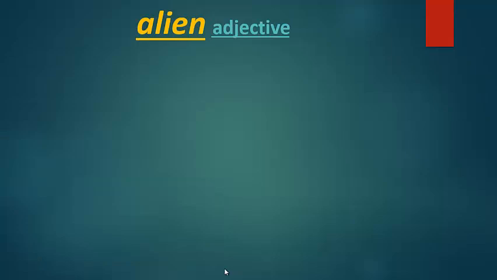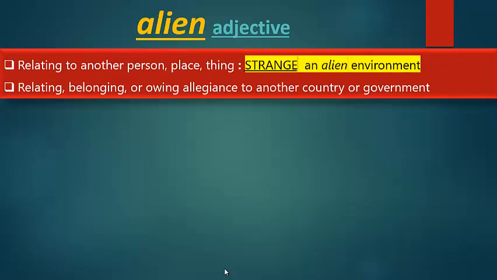Alien. It can modify or describe a strange space creature coming from a different planet, but it also has different meanings. Relating to another person, place, or thing, it means strange. An alien environment, like a strange and unfamiliar environment.